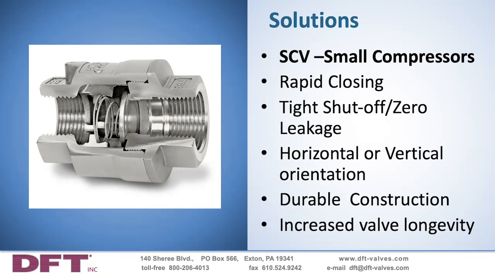They can be used in horizontal or vertical orientations. They're a very durable construction. The springs are designed to last for well over 1 million cycles, and you get increased valve longevity with the SCV type of valve as compared to some of the other types of check valves that may be used in these applications. The SCVs are made in sizes up to a 3-inch nominal pipe size.